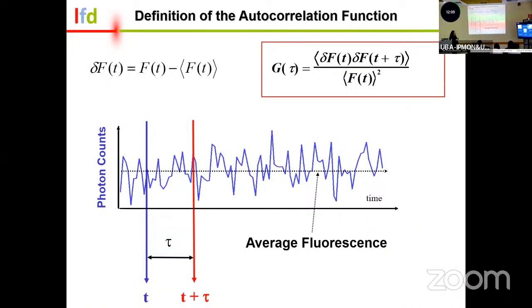Okay, so just looking more in detail, what we are seeing is that we're correlating the fluctuation at this point in time with a delayed fluctuation as a function of time. And we do these correlations all the way across the graph, and it doesn't matter if we cut this into shorter time segments.